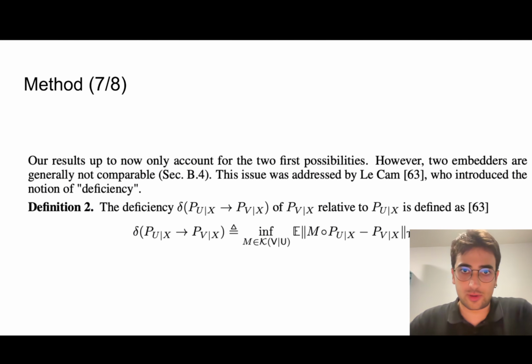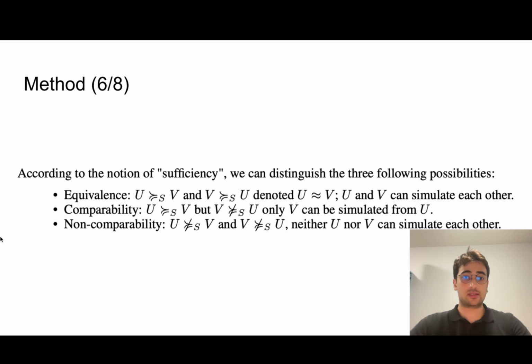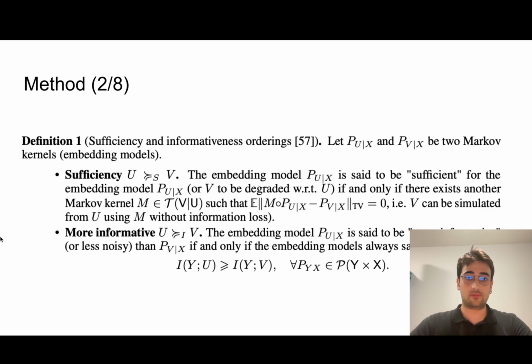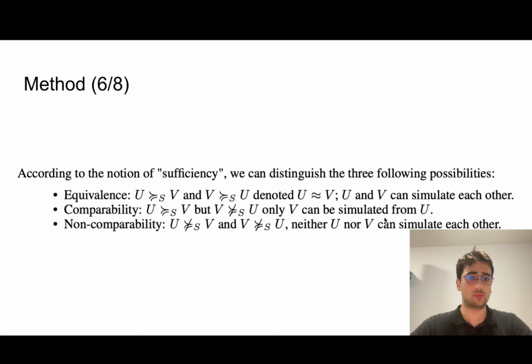Not by the paper authors, but by Le Cam, who wrote a paper in 1963 and addressed this issue and called it deficiency. This was already written in proposition 1, but as I told you, it was equal to 0. The total variation distance was equal to 0, but it doesn't need to be.